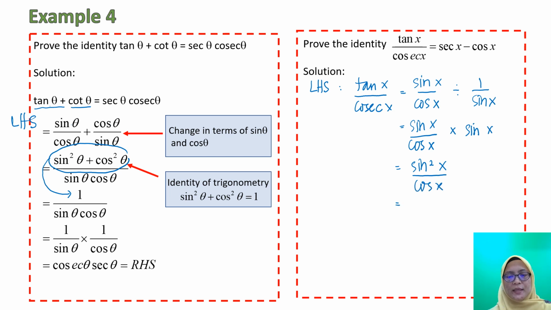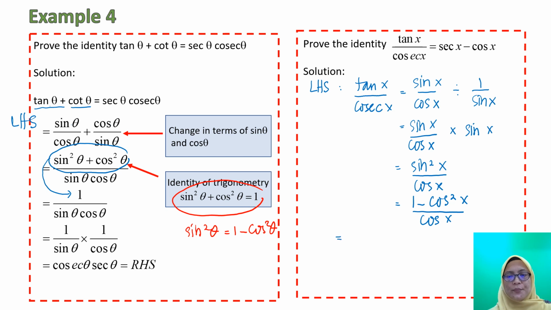Okay, so daripada identity tadi, sin square tu kita akan arrange. So jadi sin square theta equal to 1 minus cos square theta. So sini you akan dapat 1 minus cos square x over cos x.